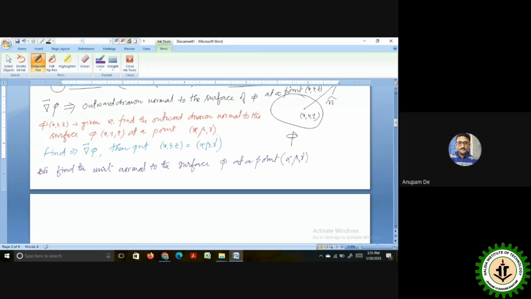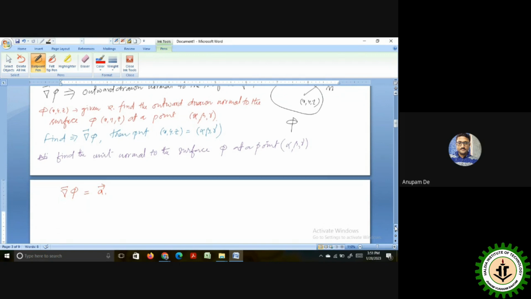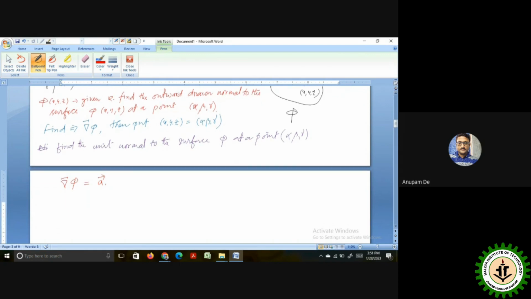In that case, what do you need to do? Basically, you first need to find grad phi. As you know, grad phi is a vector. Suppose A is the grad phi vector. Then I need to find the unit vector along the direction of A. Suppose n cap is the unit normal in the direction of A, then what will be n cap? Anyone?